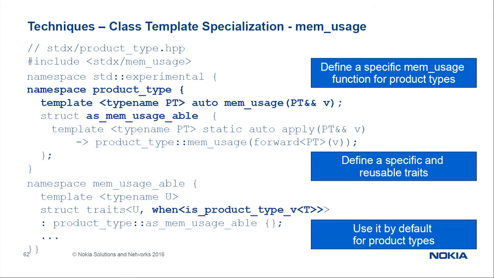What we can do also is to prepare our customization so that we define in product type a way to make it as mem usable. So that when someone wants to customize, could reuse this customization. And we will define by default when it is a product type, we use this default customization for product types. But we have here a name that can be reused when we will have a conflict.